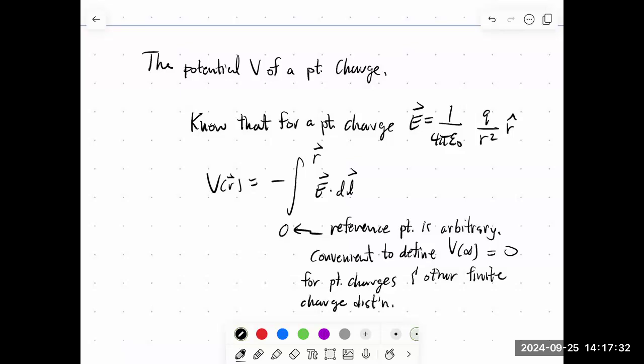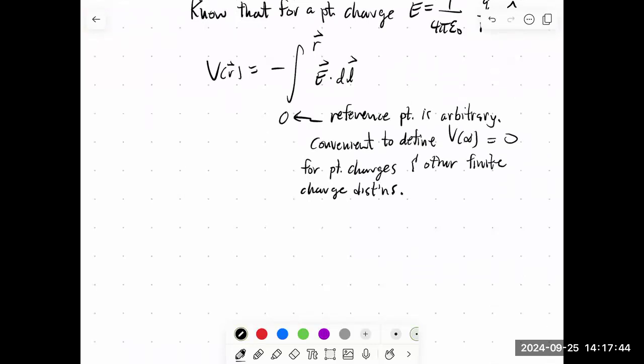So that's what we're going to do. We should just keep in mind that we've done that, because everything that follows from this will be valid for selecting the potential of 0 at an infinite distance from a point charge.